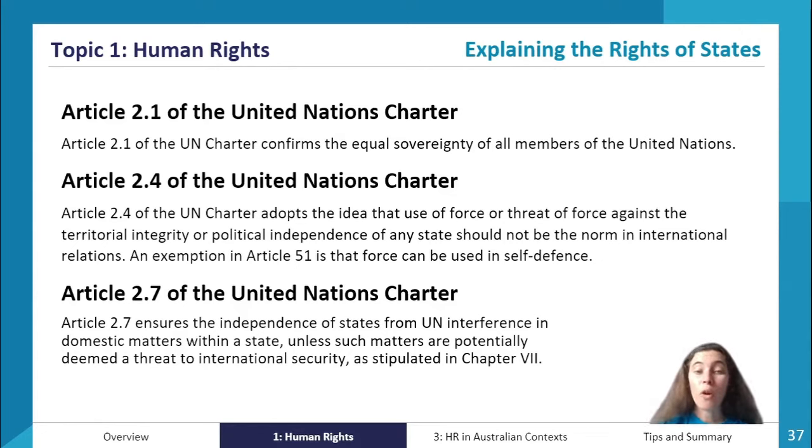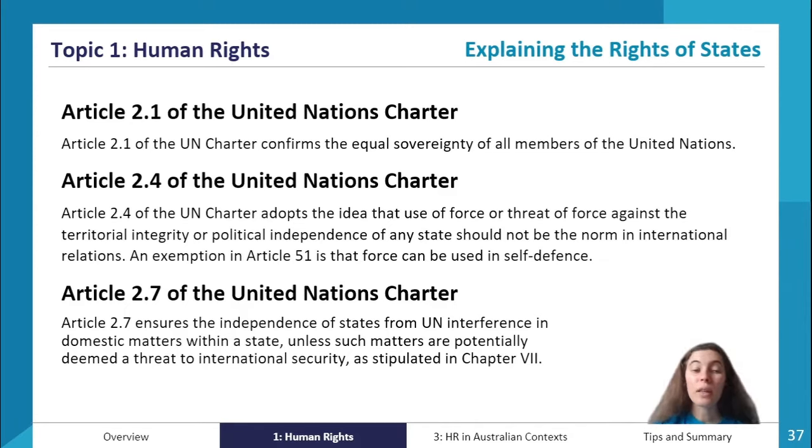Article 2.4 of the Charter adopts the idea that the use of force or threat of force against the territorial integrity or political independence of any state should not be the norm in international relations. There is an exemption in Article 51, which states that force can be used in self-defense. So again, we just looked at territorial integrity and political independence. So that's where Article 2.4 comes in to protect those rights of states.